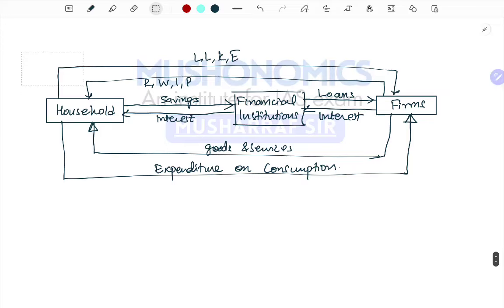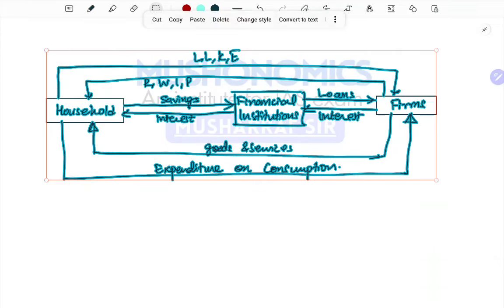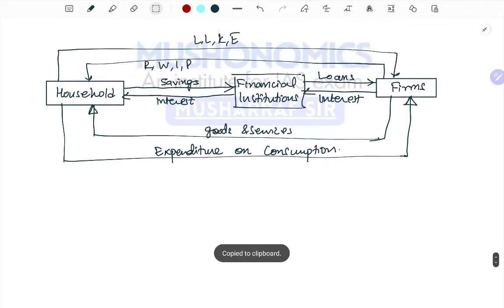Now since we have understood this, we can add one more sector here.